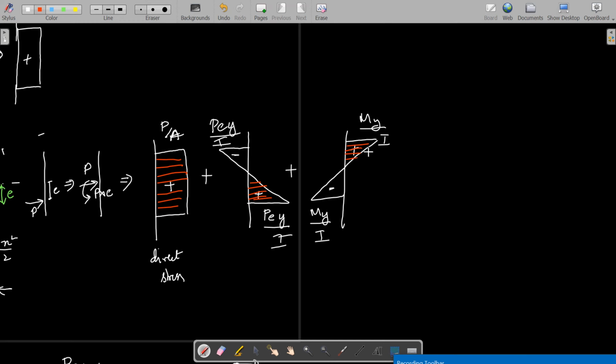Then, based on this linear elastic theory, I can superimpose these three stress diagrams, that is I can draw them together, and I can write the final stress.